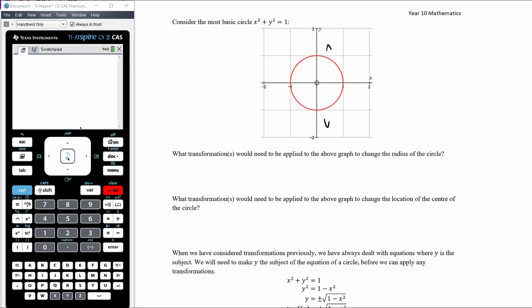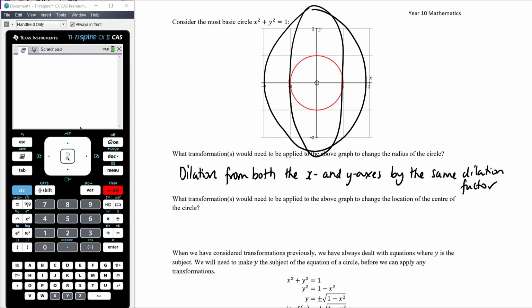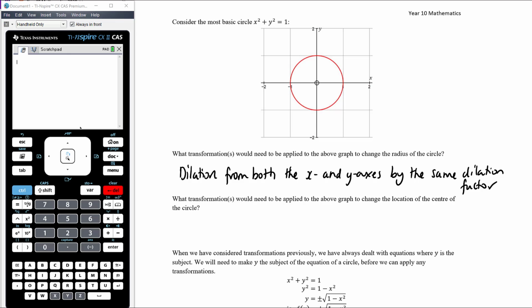So we're going to need dilation from both the x and y axes by the same factor, same dilation factor. Okay, so that's going to be important too, because if you dilate this by 3 this way and only by 2 this way, you don't get a circle. So you've got to dilate by the same factor in both directions to still have a circle.